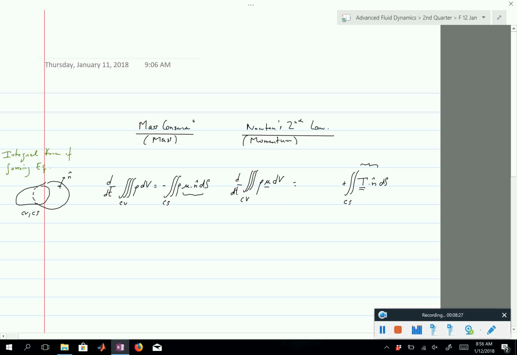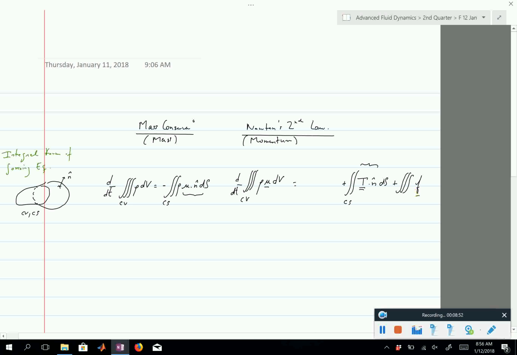That's the piece of force which is applied on the small surface dS, and you integrate over the entire control surface. That's the force which is applied at the surface of your control volume, and you have to add all of the forces which might apply to the bulk of the inside of the control volume, and the only force we discussed which is applied in the bulk was gravity.